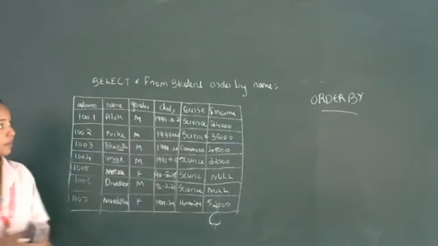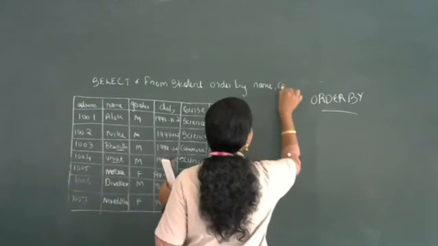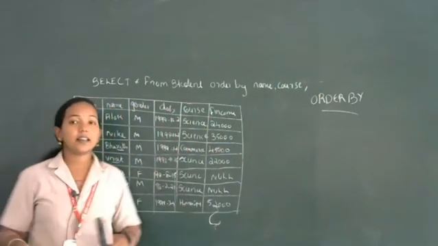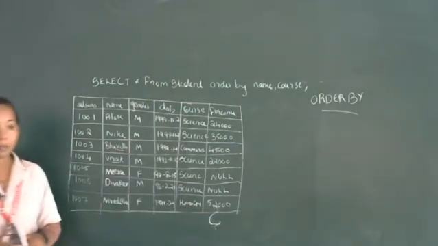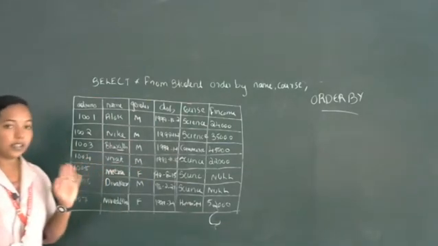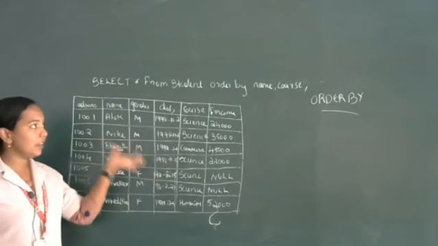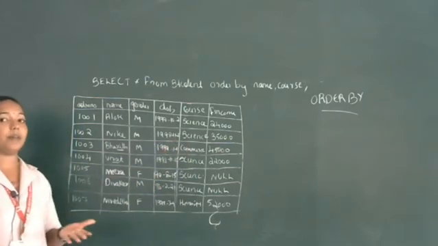Then how will I write? Name comma course. If I write SELECT * FROM student ORDER BY name, course, then we will get a table in which the name and also the course should be in alphabetical order.